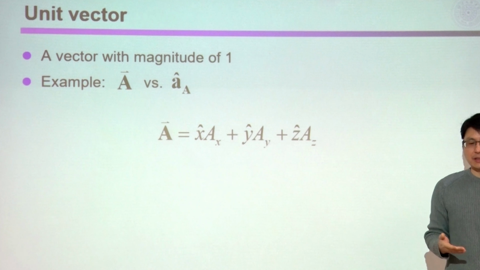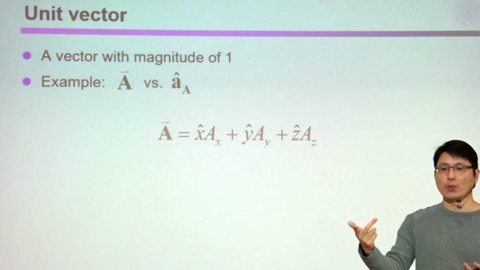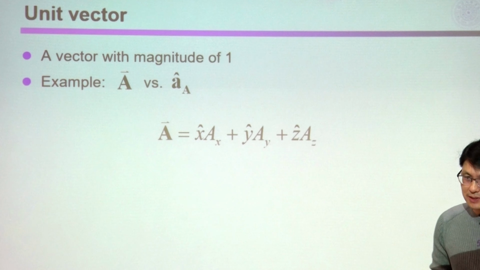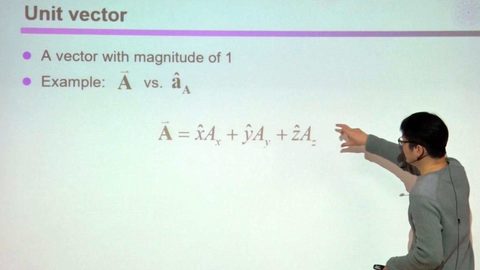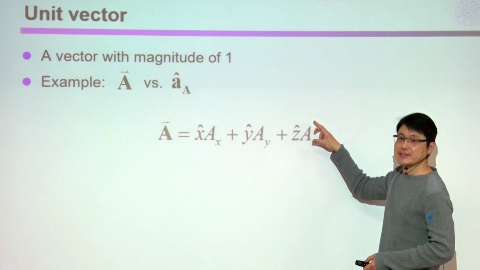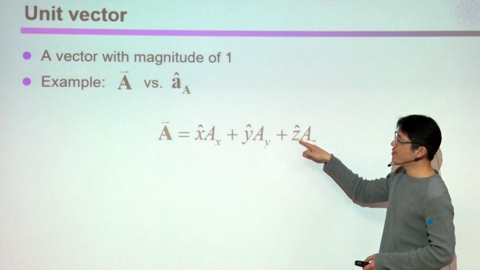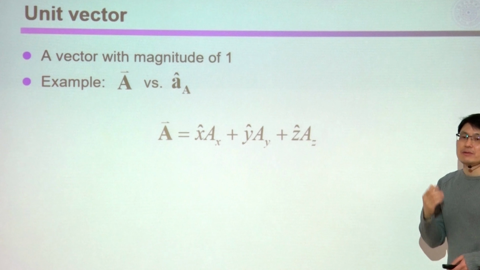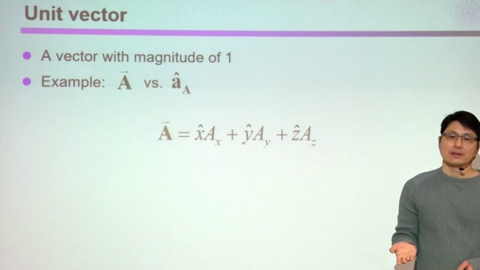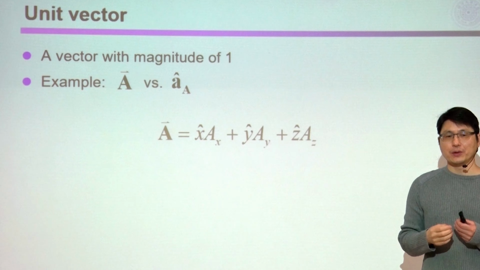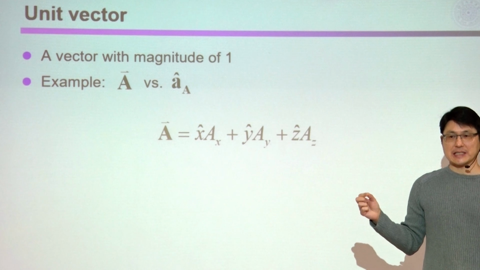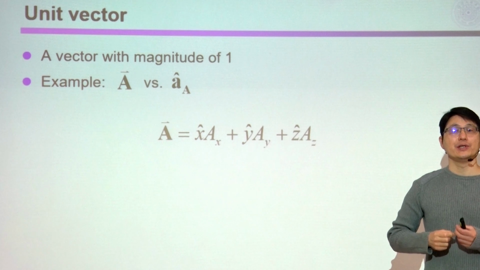So a vector in the Cartesian coordinate, x and y and z, can have 3 different components. And each component is regarded as the magnitude in that given direction. So this is a vector. Given that vector, how do you formulate the generalized expression for the unit vector?